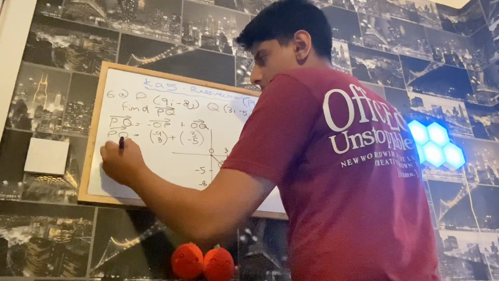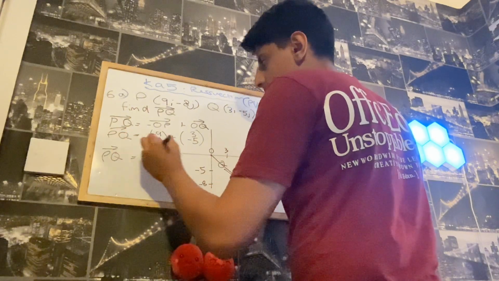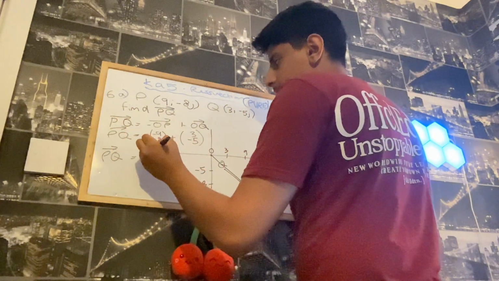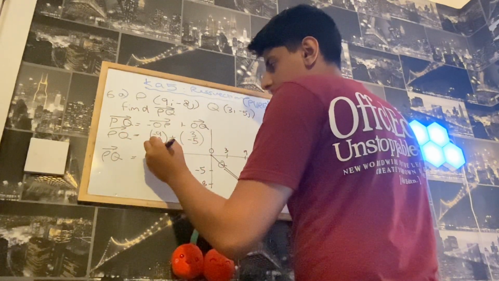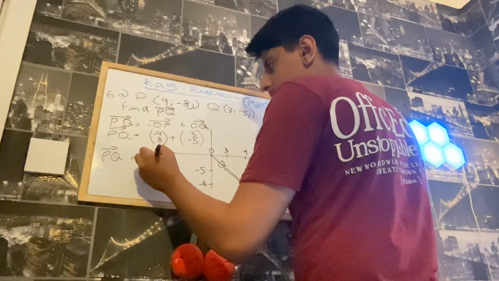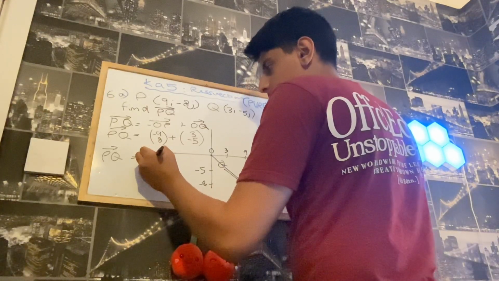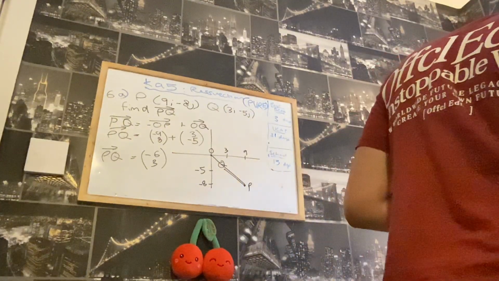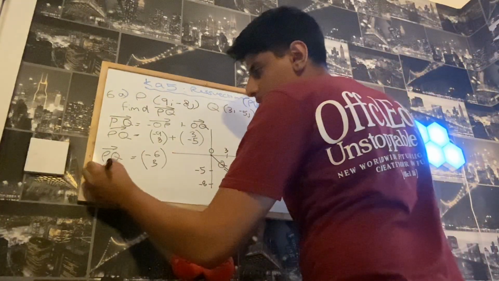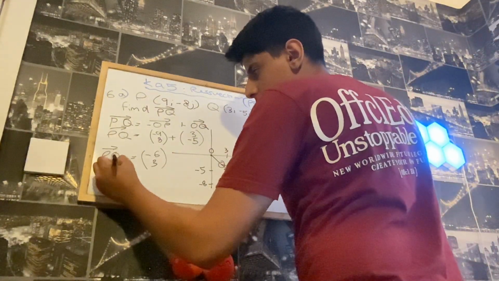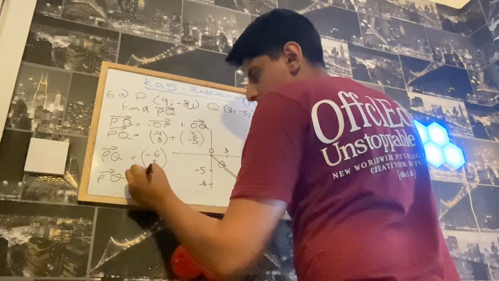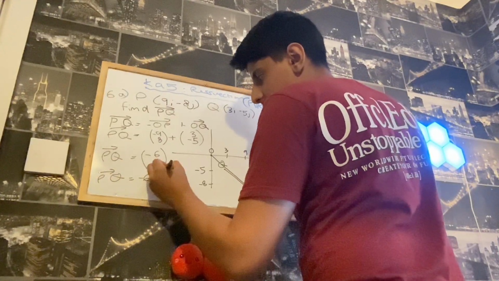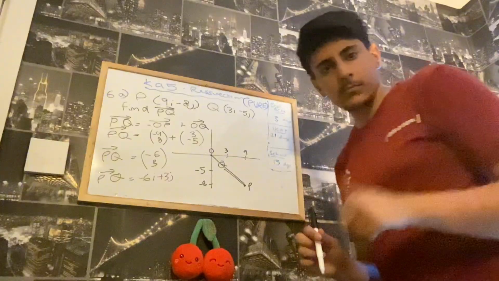P to Q would be equal to minus 6 and 3. Should be right. So P to Q is minus 6i plus 3j. Okay?